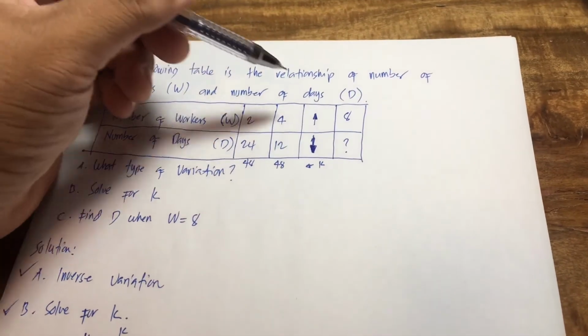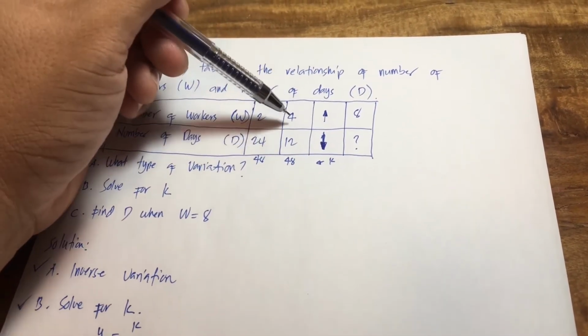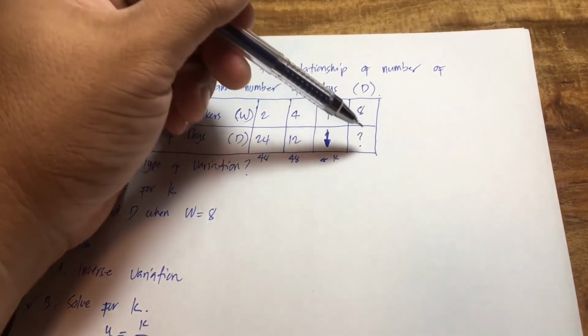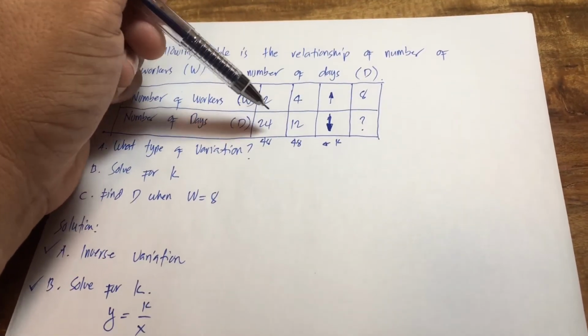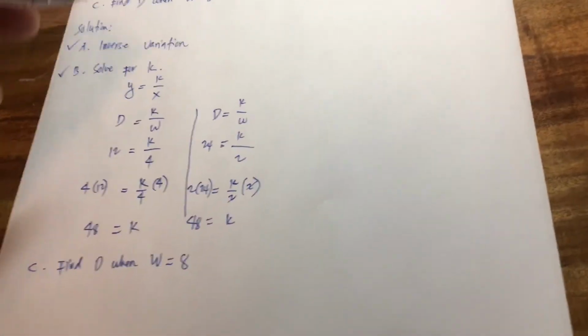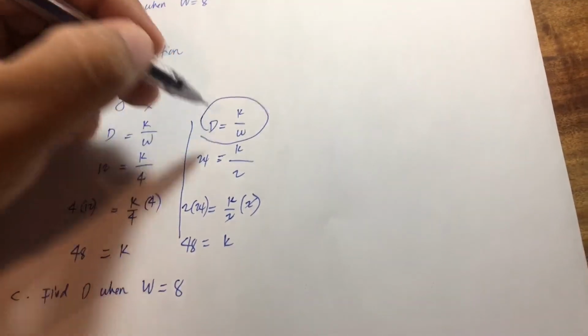Since we increase our workers from 2 to 4 to 8, expect that our value of days here is lesser than 12. So 24 down to 12 down to a certain value. So how? Okay, we will use this model.